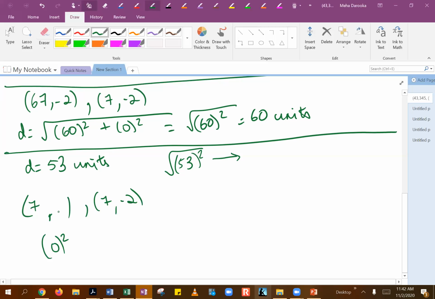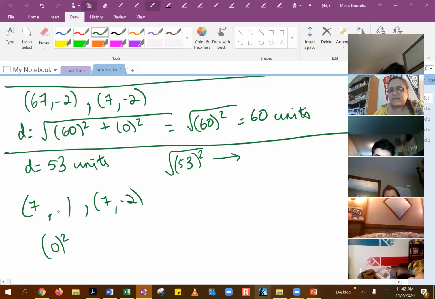So what do you think we should put in there if we wanted to get a distance of 53, since that's what I have here right now? What number could we use for our y value?